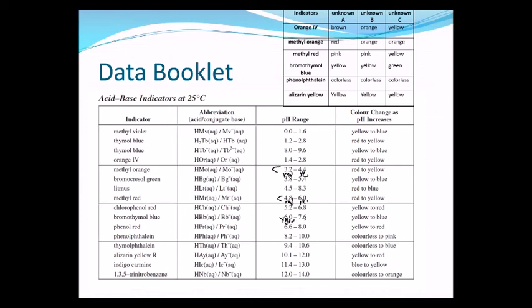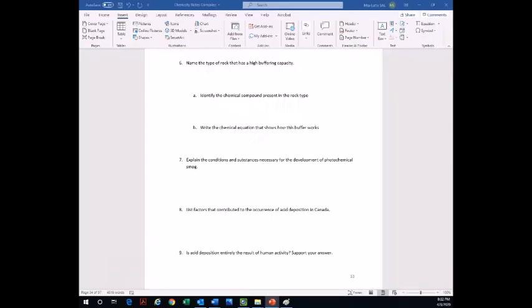It turns from yellow to blue, and the fact that we saw our bromothymol blue is yellow means that it is less than 6, but we knew that because it's less than 3.2. Phenolphthalein turned colorless. Well, if it's less than 8.2, it'll be colorless, and alizarin yellow turned yellow because it's less than 10.1.